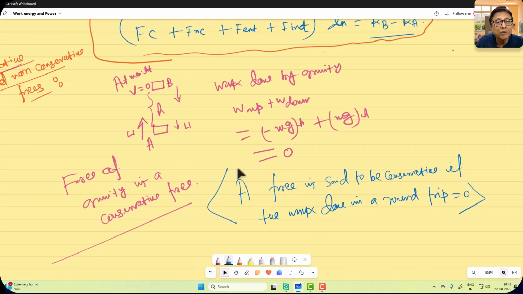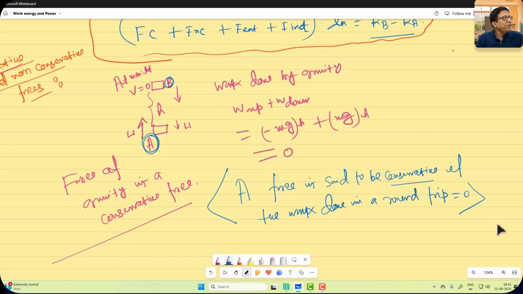This is a round trip, no? You have gone from the point A to the point B, then from B back to the point A. The net work done is 0 and the force is said to be conservative.